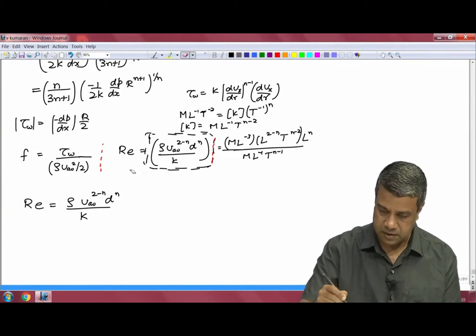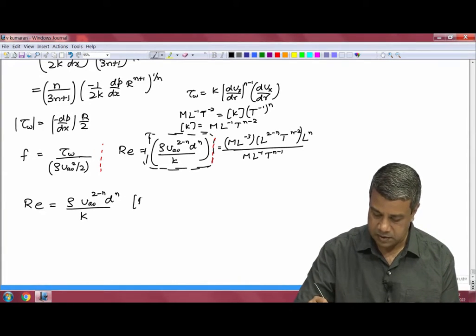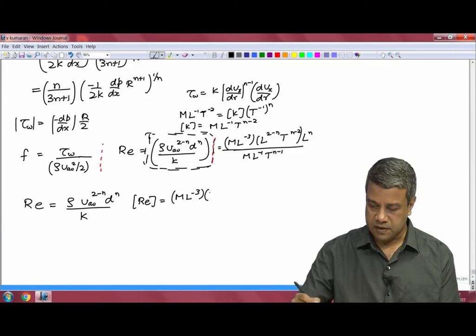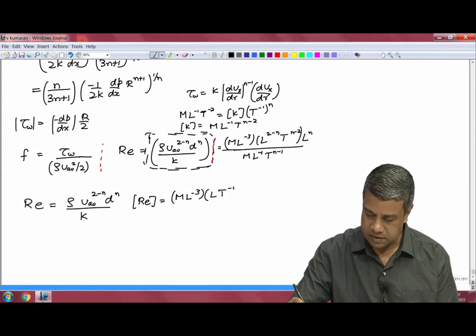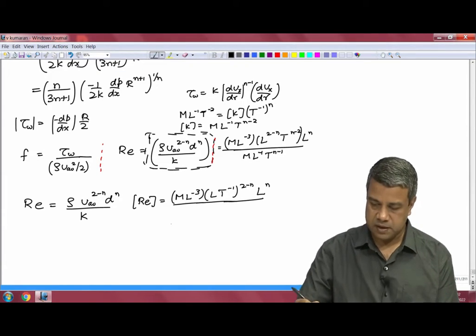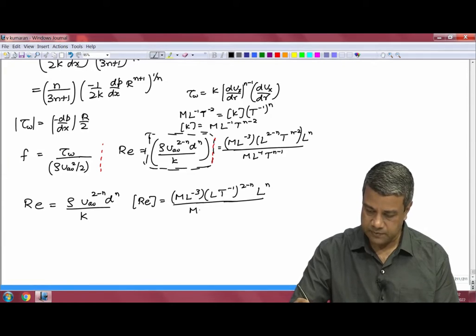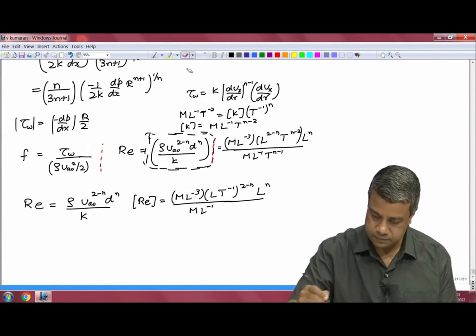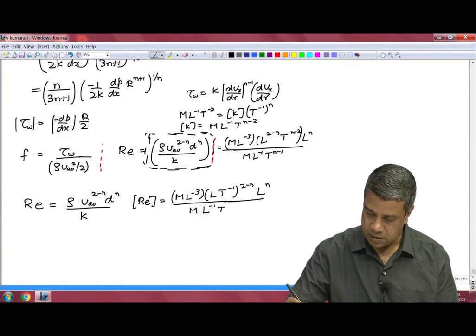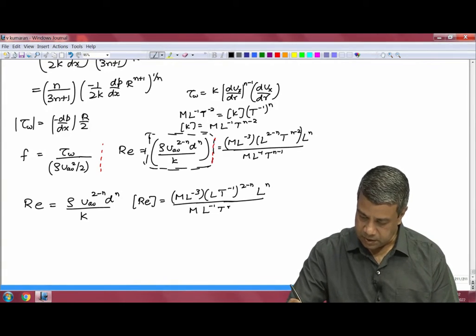So, for example, the dimension of this Reynolds number is equal to density, which is m L power minus 3, mass per unit volume, the average velocity L T inverse power 2 minus n into the length power n divided by the dimension of the flow consistency index, that is m L inverse T power n minus 2.